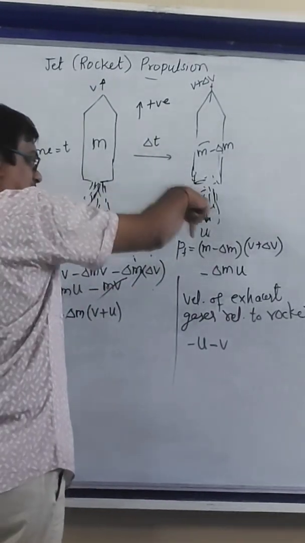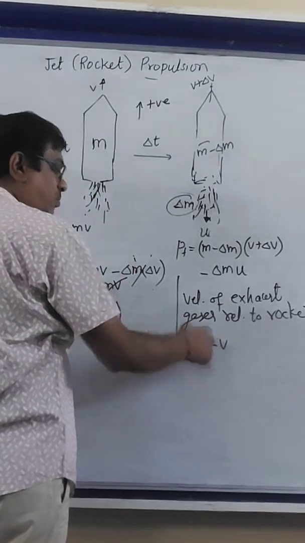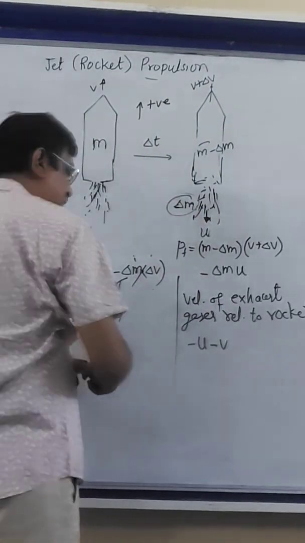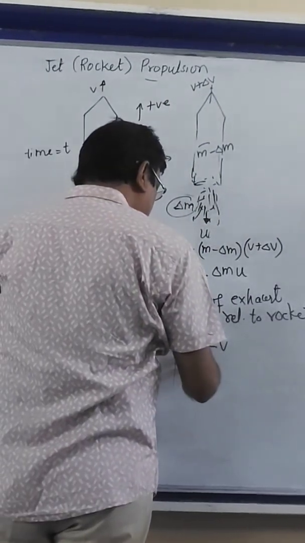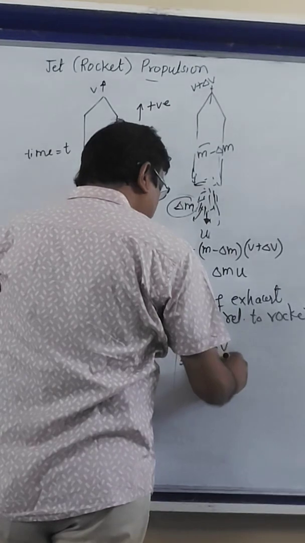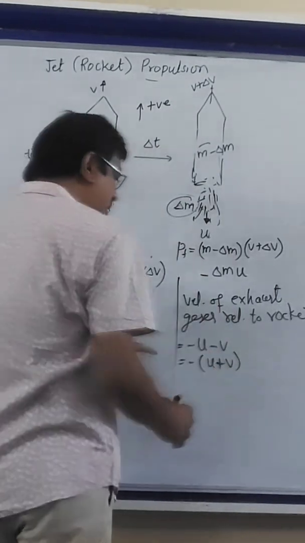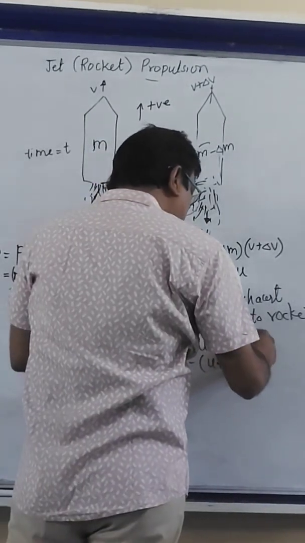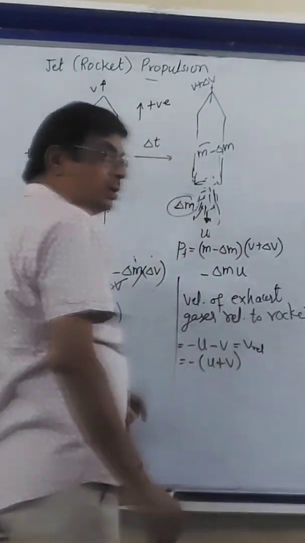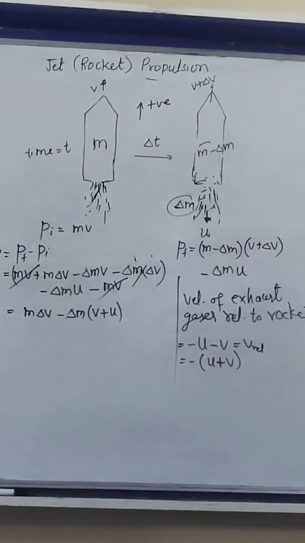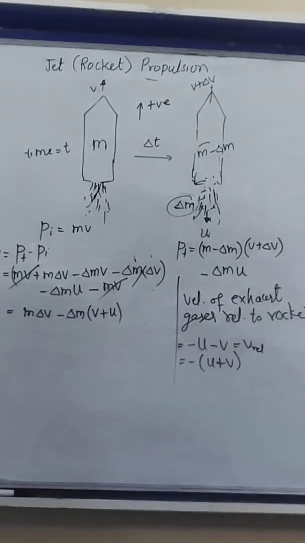So direction wise, u is negative, so minus u minus v is positive. So basically this is u plus v, minus of u plus v, and I am denoting this as v rel, the relative velocity of exhaust gases with respect to rocket.